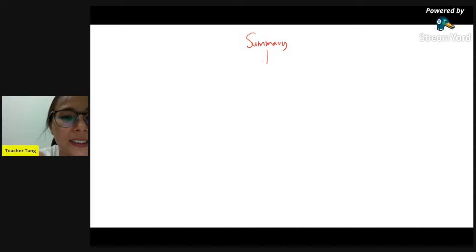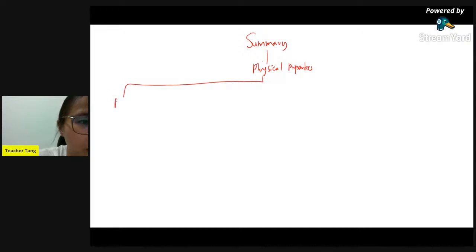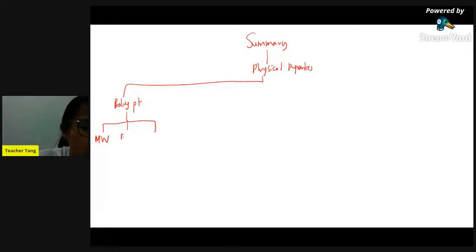Tonight we looked at the physical properties, starting with the boiling point. Remember the 3 factors affecting the boiling point of alcohol: the first one, molecular weight; the second one, number of hydroxyl groups; and the third one, branching.